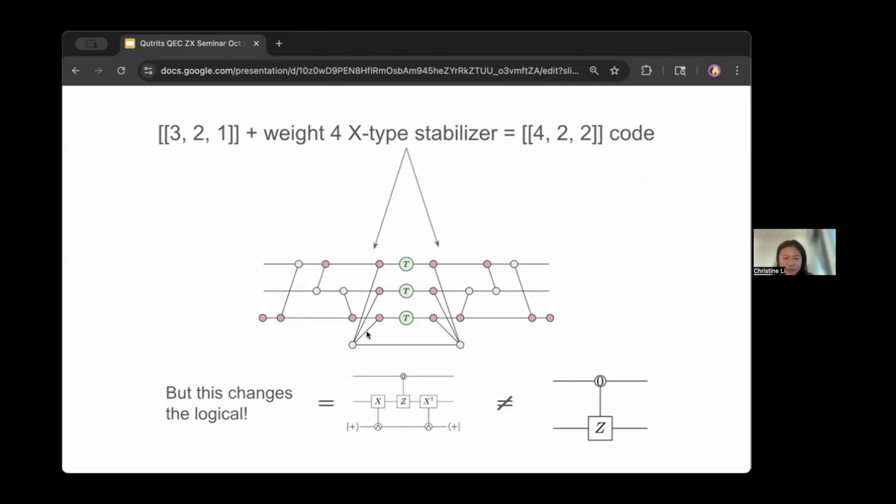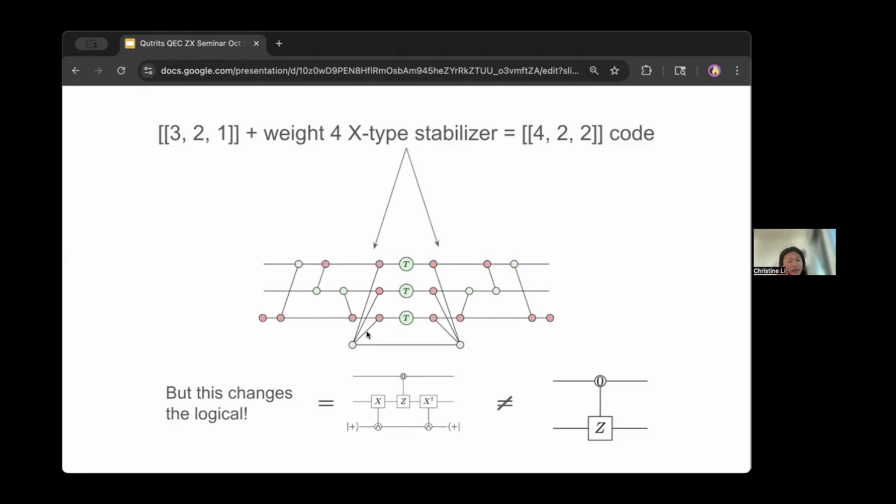Yeah, I think we did some rewriting, and after some rewriting, this ends up being just supported on the second physical qutrit.